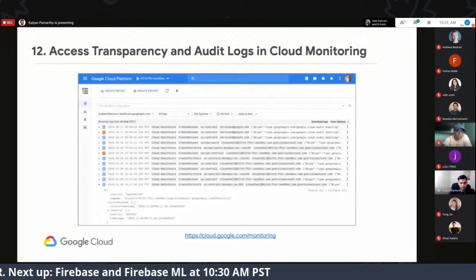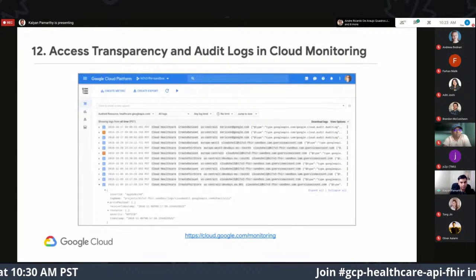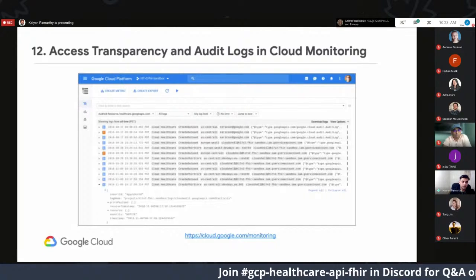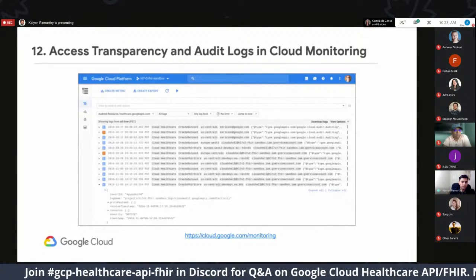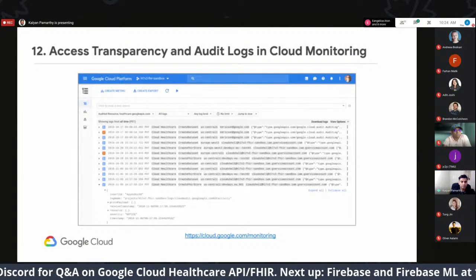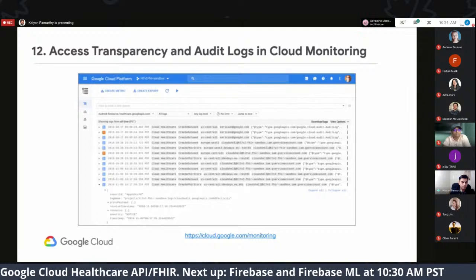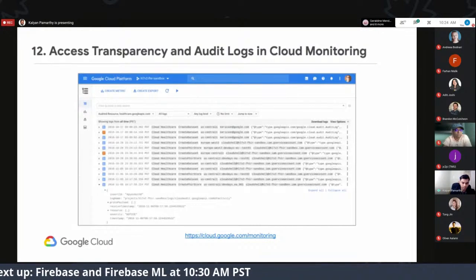One of the things that happens in the FHIR store is every interaction with the FHIR store is logged for audit logging and access transparency purposes. So in your Cloud Console, as soon as you sign up, you'll also see a section for monitoring, or you can go to it directly as cloud.google.com/monitoring.